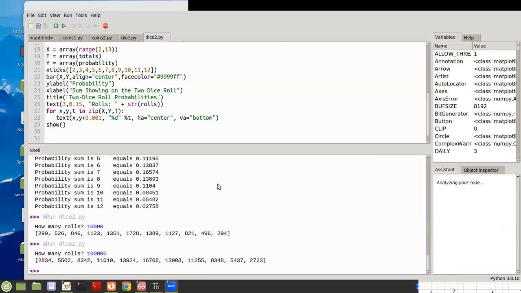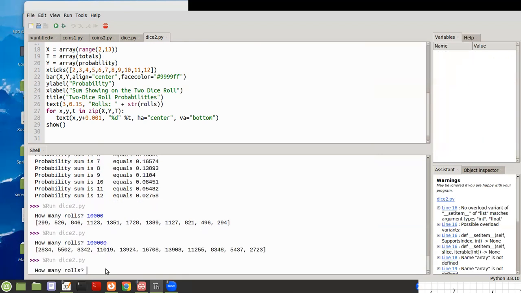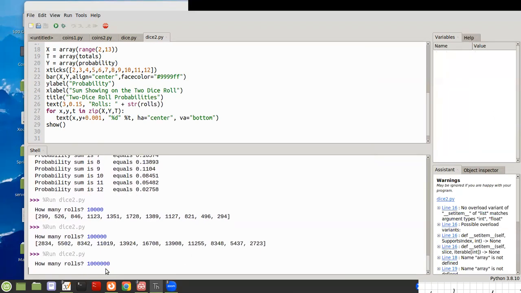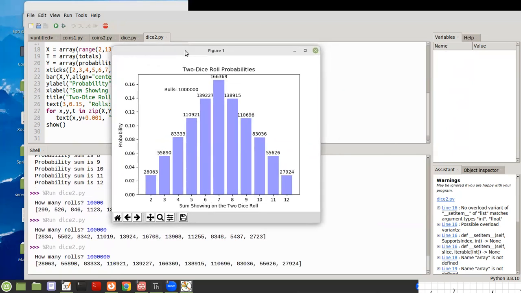That was 100,000. Let me say this is 1,000,000. Okay, now it's beginning to settle down to particular percentages and probabilities.